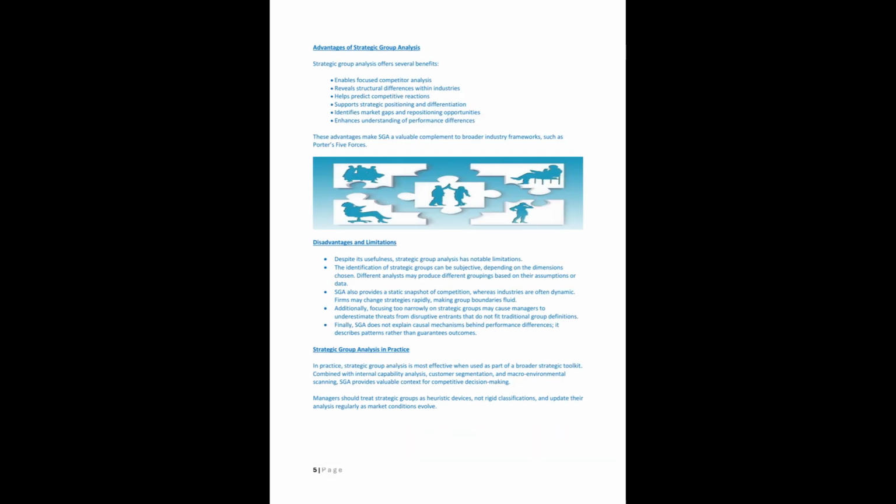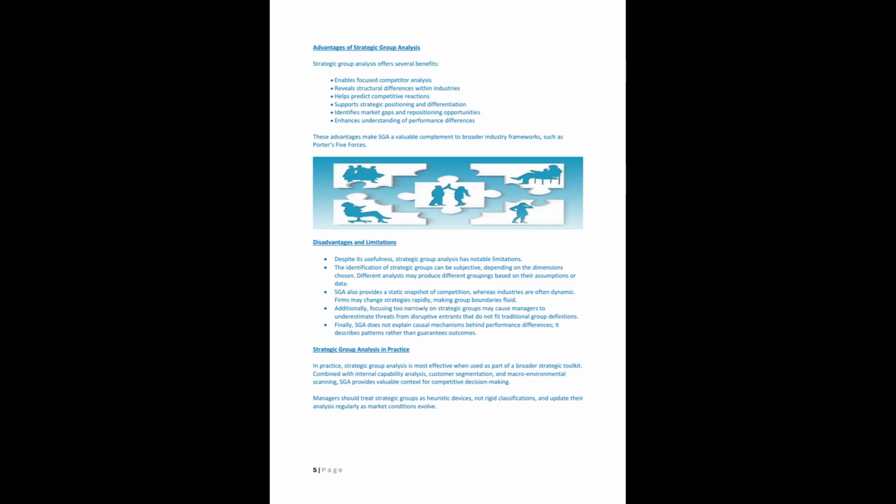Strategic group analysis offers several practical benefits. It helps us focus on direct competitors by grouping firms with similar strategies, which makes competitor analysis more targeted. It also reveals differences in industry structure that might not be obvious from just looking at the market as a whole.